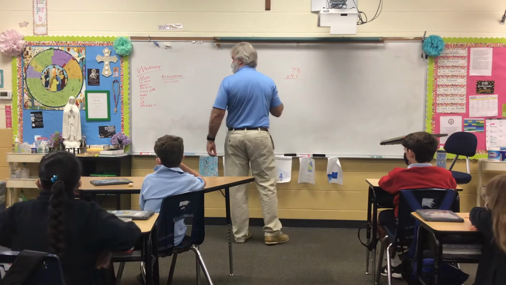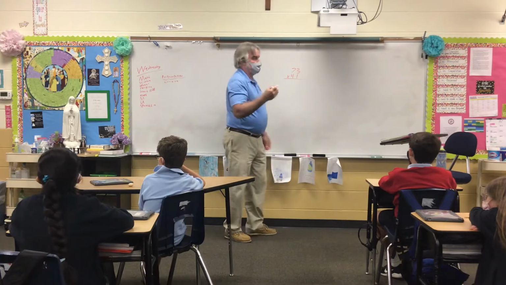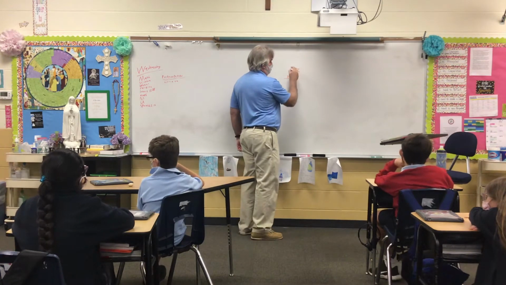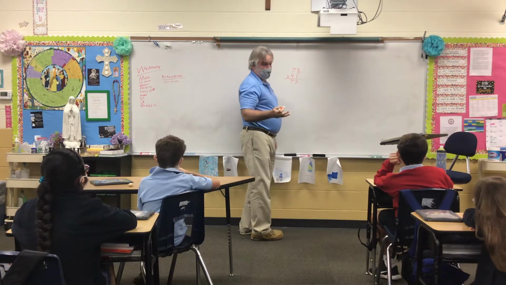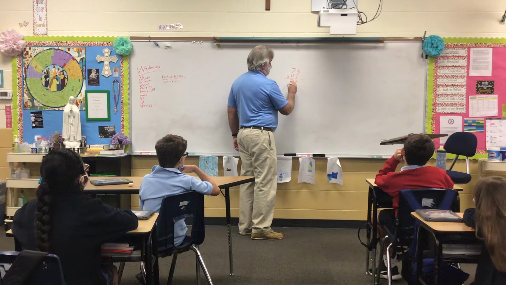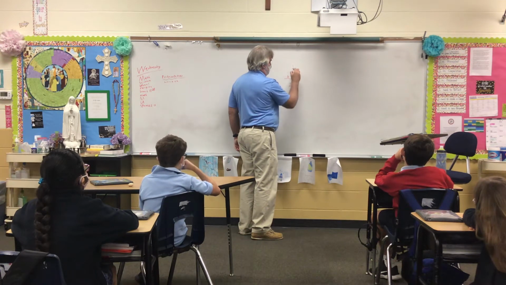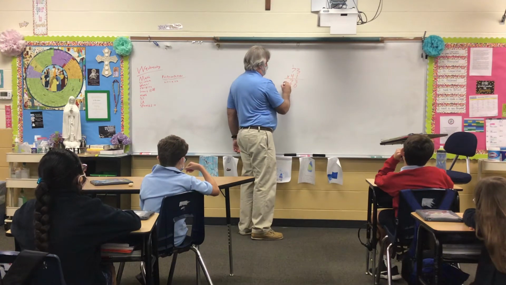First of all, 1 times 73 is 73. That's the identity property. You put your placeholder in. 4 times 3 is 12, carry the 1. 4 times 7 is 28, plus 1 is 29.